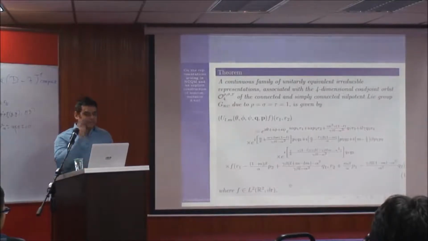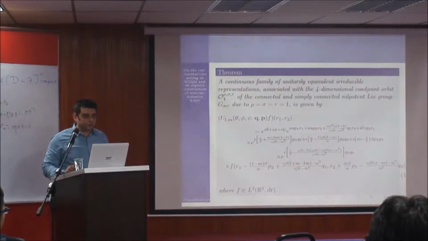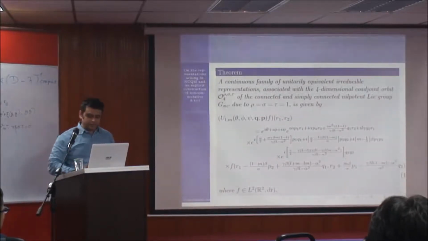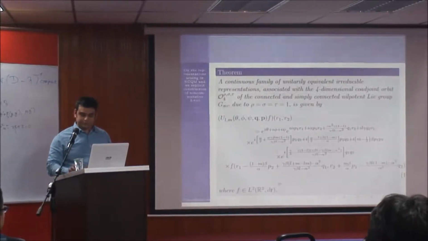You see that this is a two-parameter family of representations, L and M. They can take any value from the real line, and F is in this Hilbert space, L2 of R2.